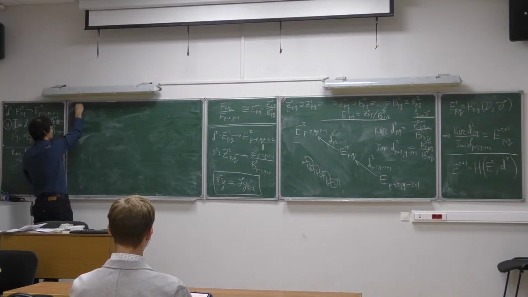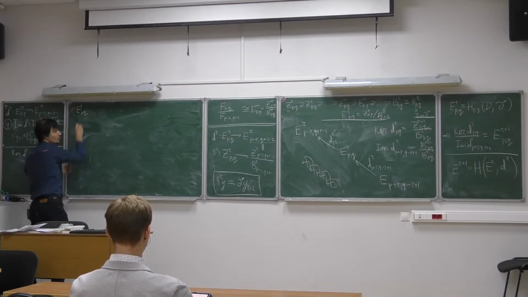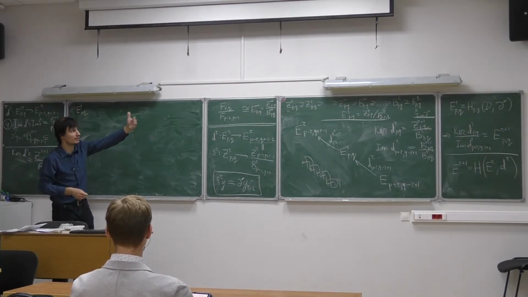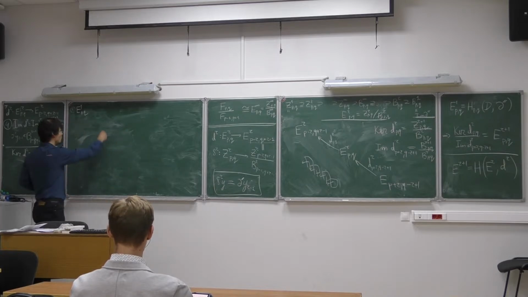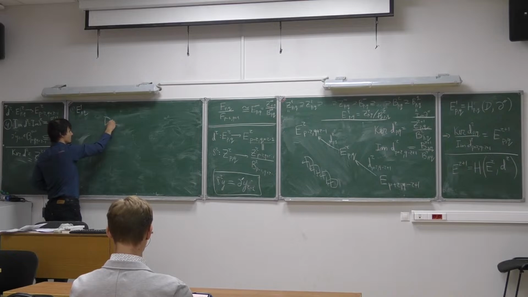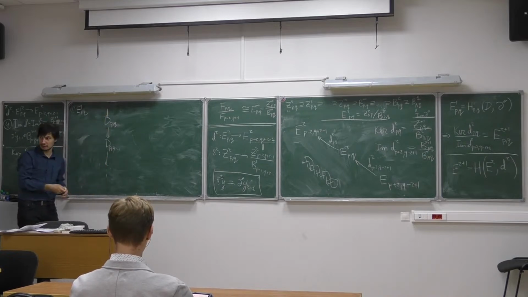What is E1 PQ? E1 PQ, as it is written there, is the homology of the double complex with respect to D2 primes. So we have such vertical lines, and in these vertical lines we take homology.